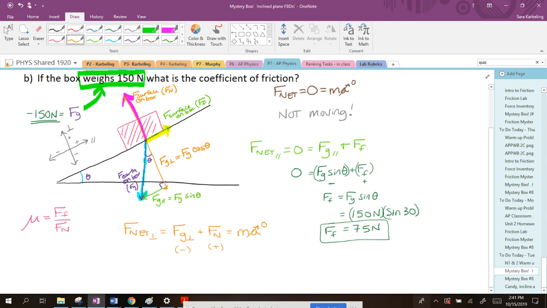So Fg perpendicular, how do I find the value of Fg perpendicular? It's the cosine. So 150 times, can I just write that as the cosine of 30? Yes, it is root 3 over 2.